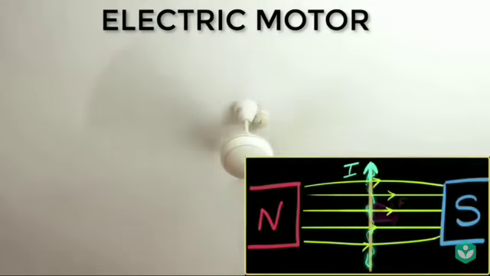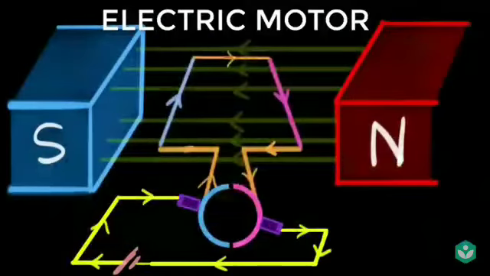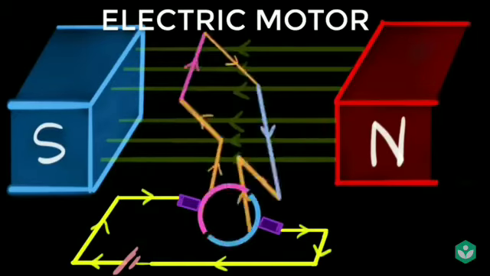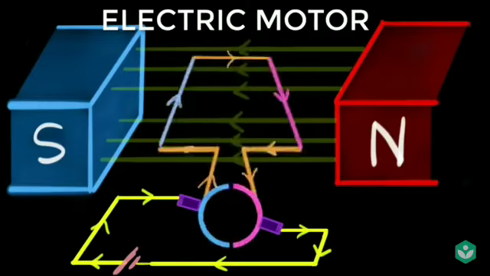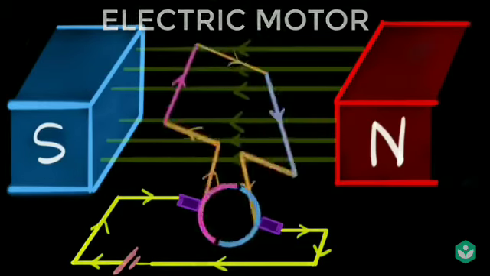In a previous video, we had seen that a current carrying wire can be pushed by magnets, or more technically, magnetic fields. So an electric motor uses this magnetic push to spin a current carrying conductor.